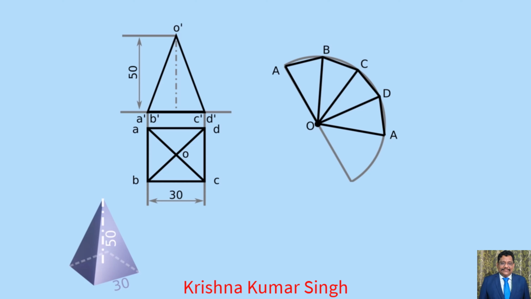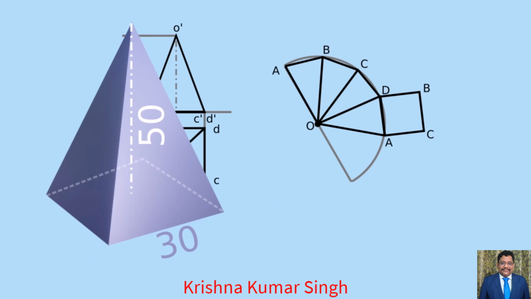Also join OA, OB, OC, OD and OA. Shift the top view below DA as a square ABCD of edge 30 mm. OB, OC, OD and DA lines are folding lines and can be drawn as dotted, light or in any way you want. From these folding lines of development, we can fold it and regain its original shape. So this is the method to develop a square pyramid.